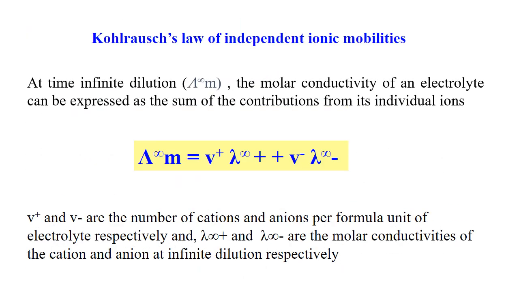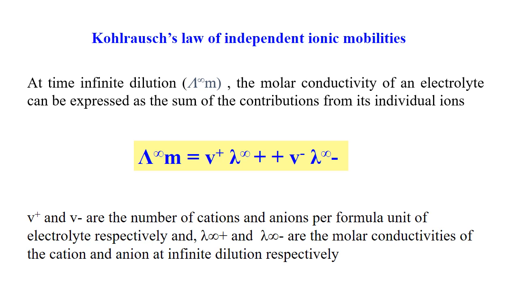So what is the statement of this law? At infinite dilution, which is known as molar conductivity at infinite dilution lambda m infinite, the molar conductivity of an electrolyte can be expressed as the sum of the contributions from its individual ions.